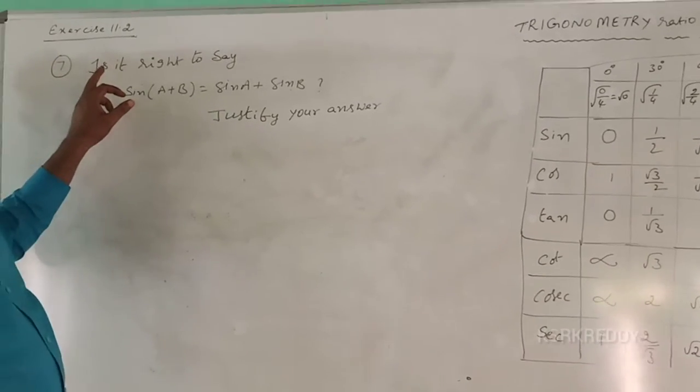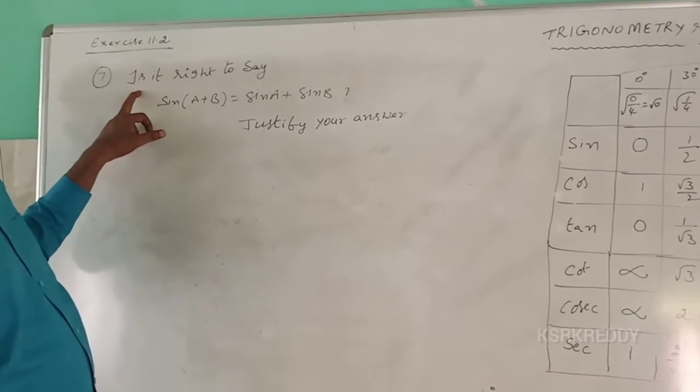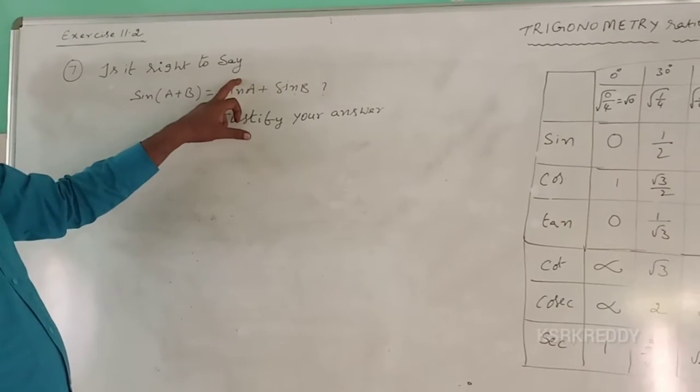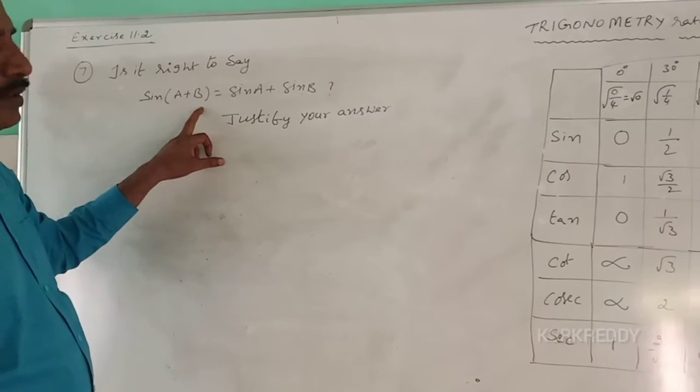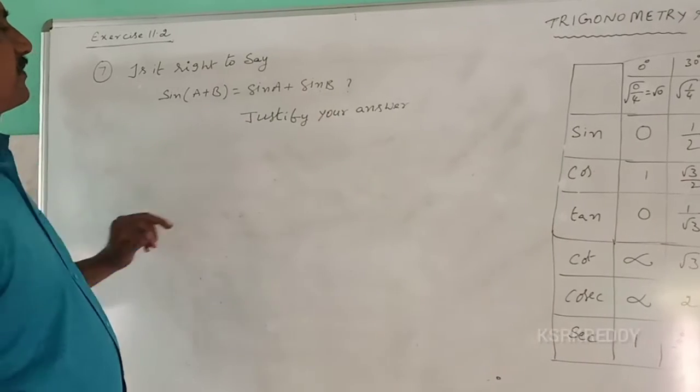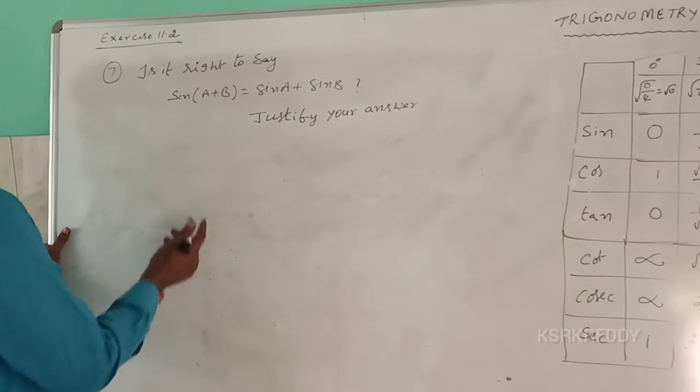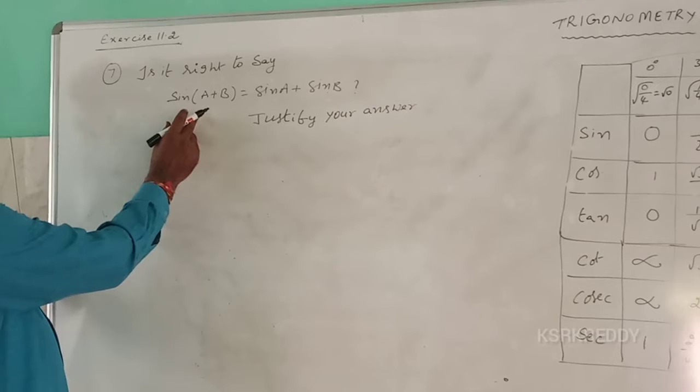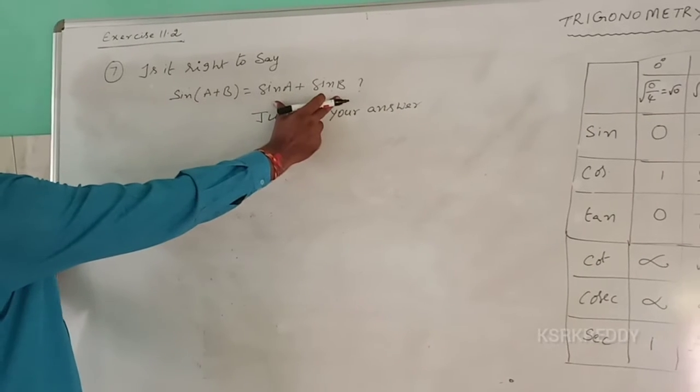Okay. Next question. Is it right to say sin of A plus B equals sin A plus sin B? Justify your answer. What is the LHS value? Sin of A plus B. What is the RHS value?